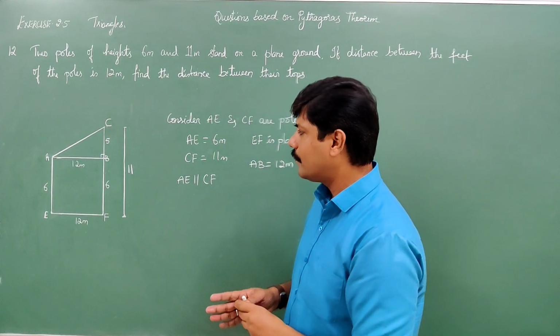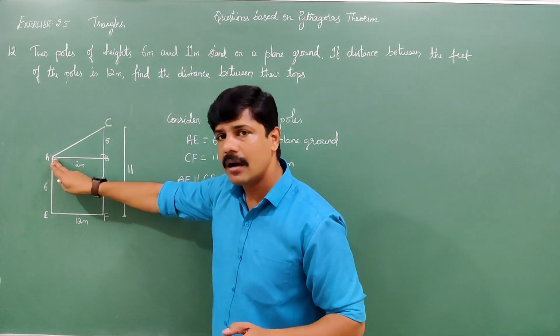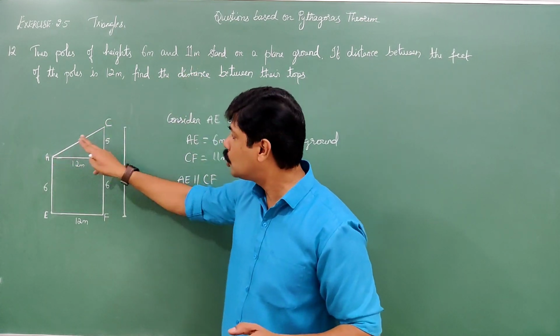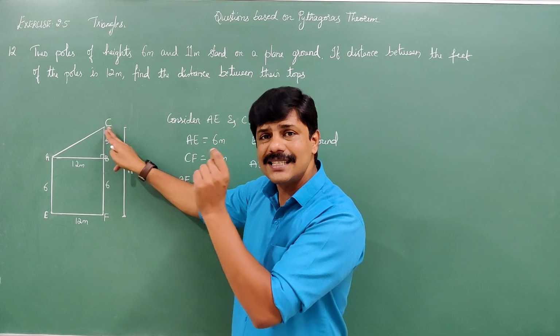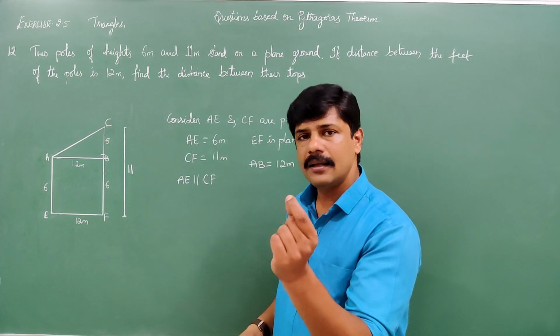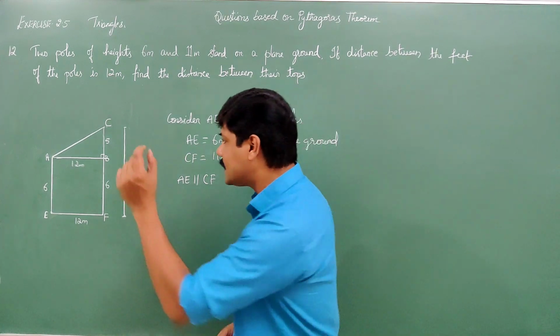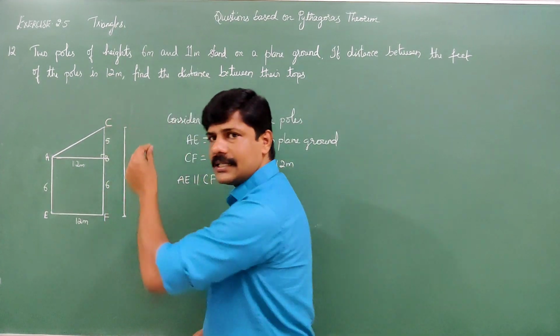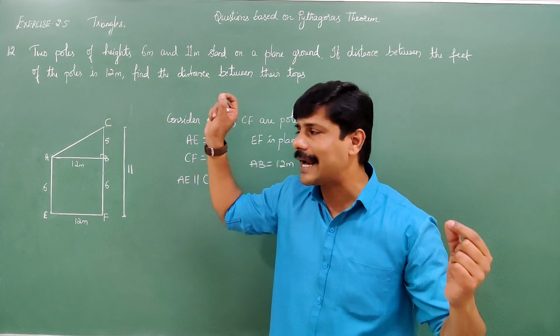When you compare from the top of pole AE to the top of pole CF, you will get a right angle triangle, that is A, B and C.